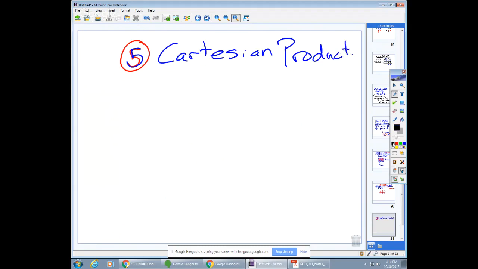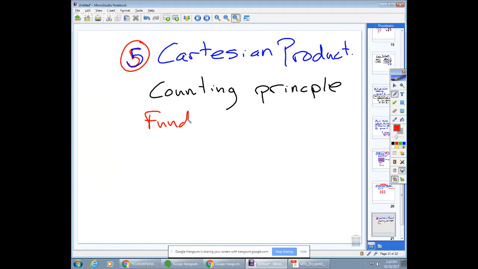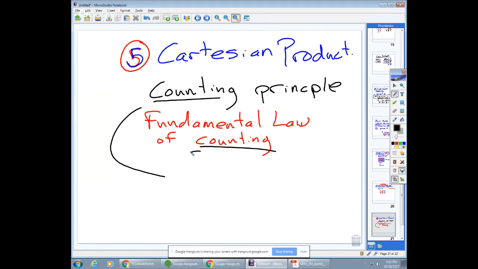When we saw it back in chapters 1 and 2, I called it the counting principle. Or I might have called it the fundamental law of counting. That's another name for it. And what it's about, what are we counting here, is we're counting options.